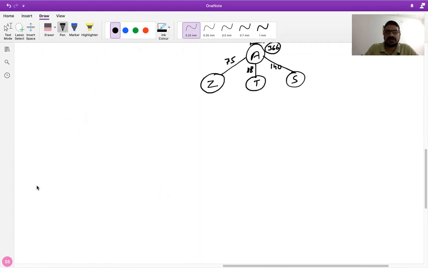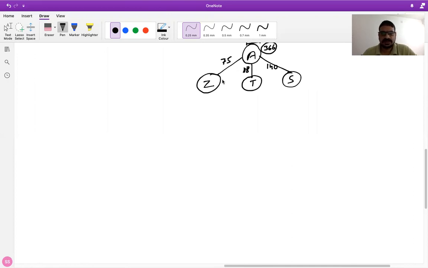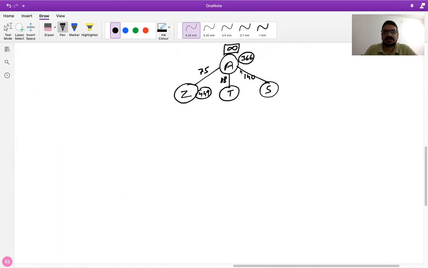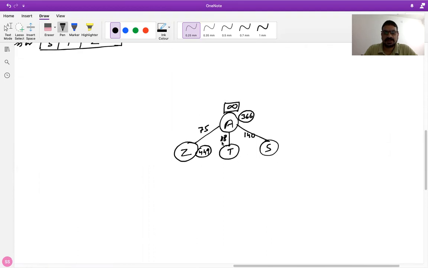We'll do that for each and every node. So this is 449 for Zerind. Now we'll do Timisoara.